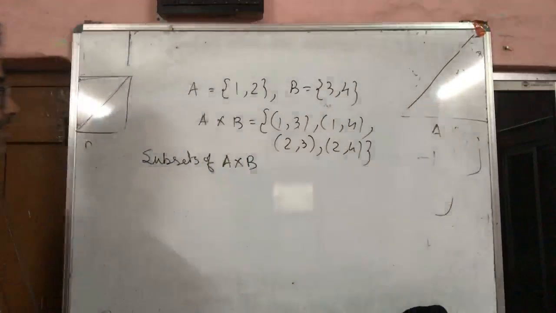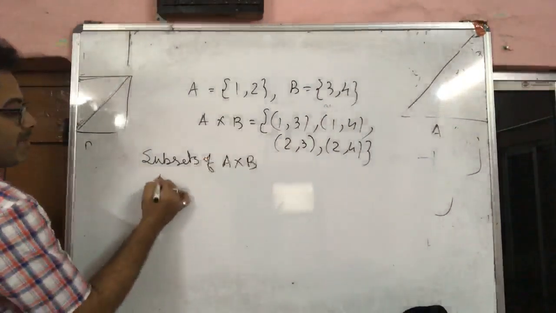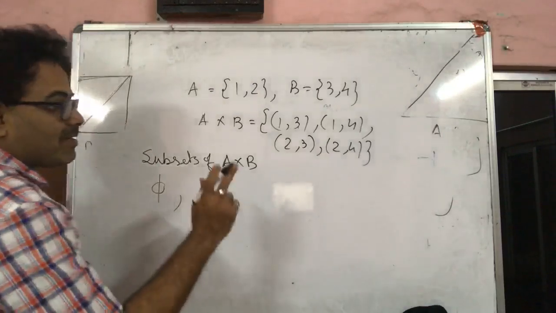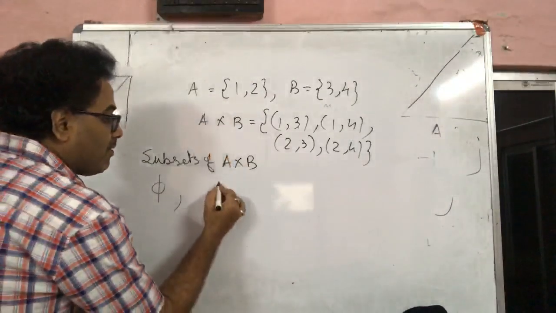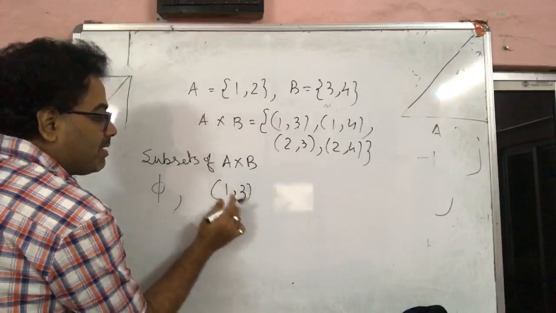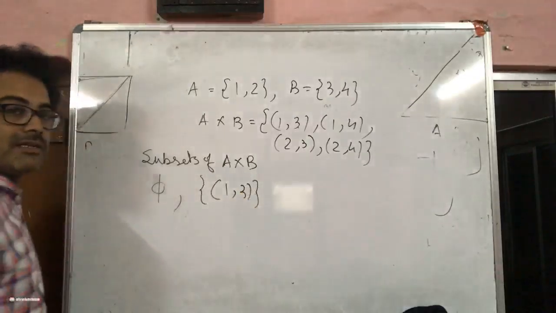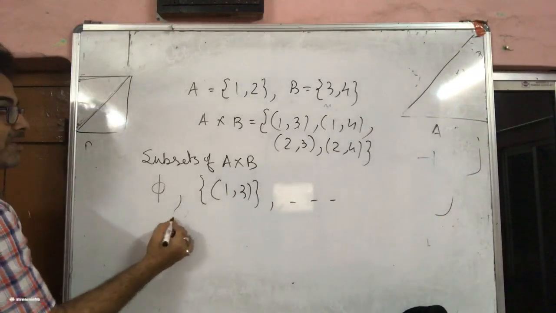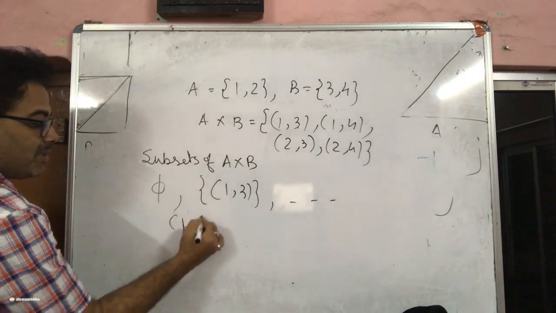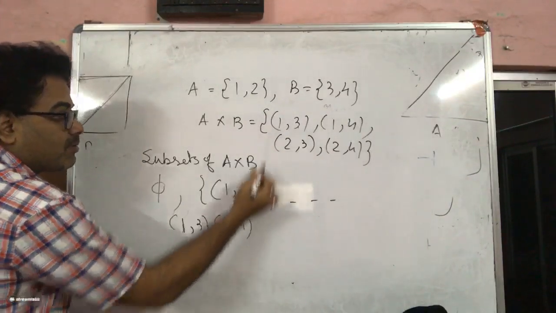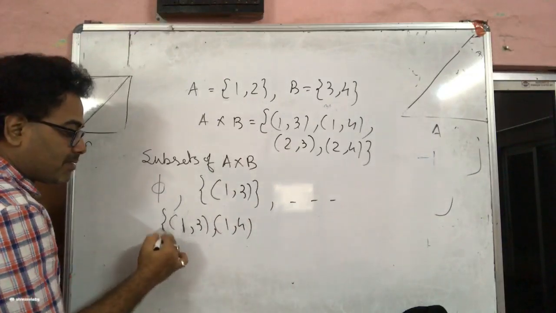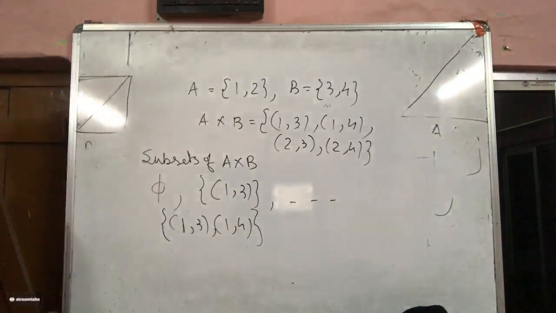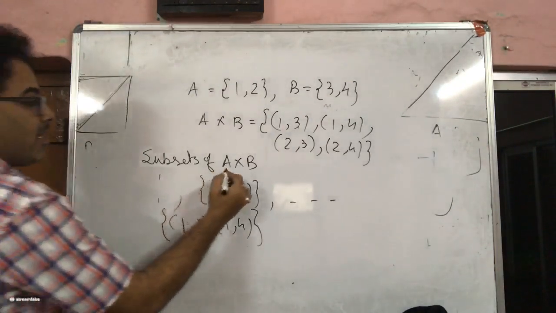So the first subset is phi. Okay. Second one, 1 element subset: 1 3, it is a 1 element subset. In this way, now 2 element: 1 3, 1 4, 2 elements taken from A cross B, a subset.